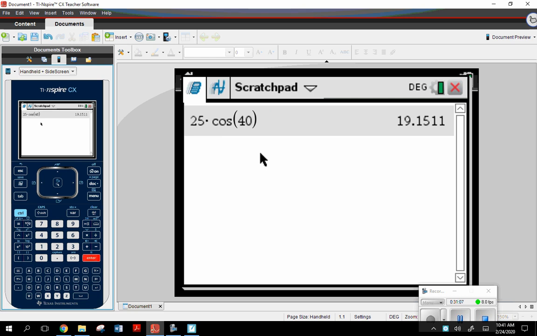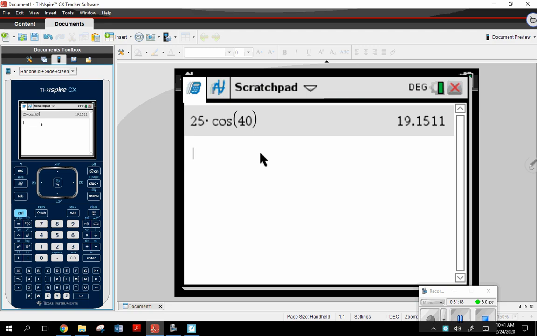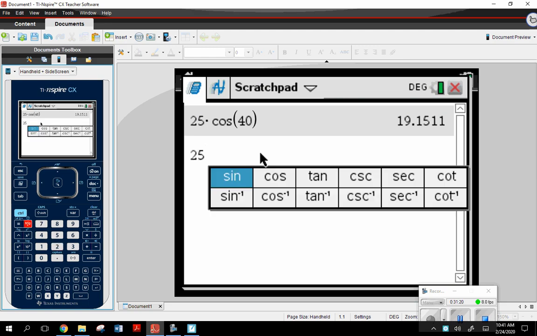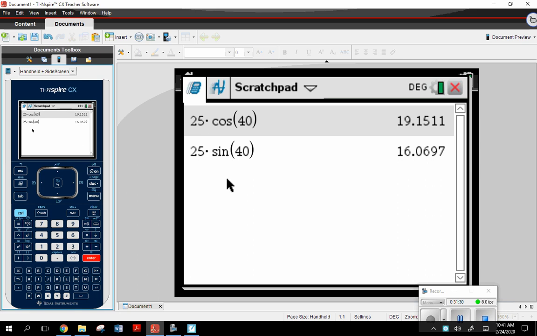So I'm saying about 19.15, comma. Oops, dropped my marker. And then, let's see. Now I want 25 times the sine of 40. What should I get when I push enter here? Okay. There we go. So 16.07.